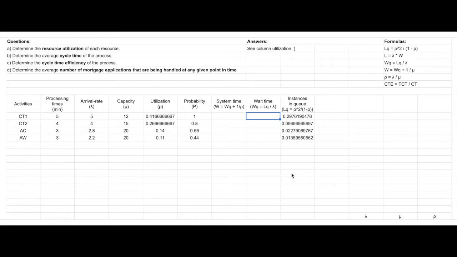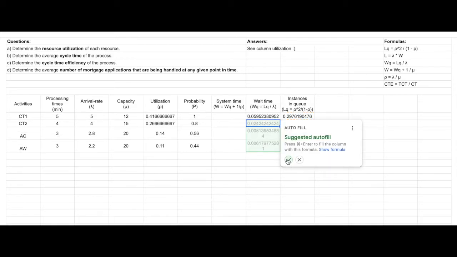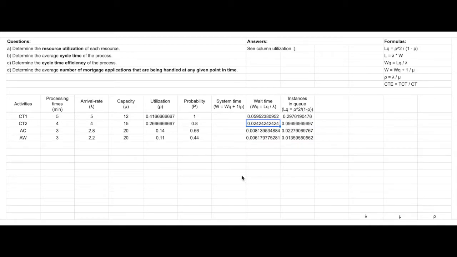Now we can calculate the wait time. To do so, again, we simply apply the formula LQ divided by arrival rate. And now we can calculate the system time, which is the wait time plus 1 divided by the capacity.